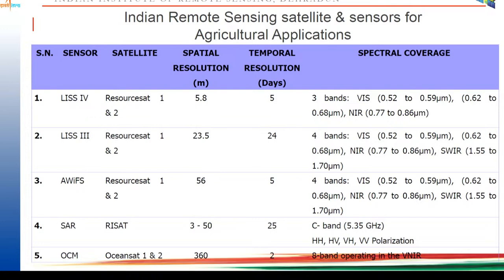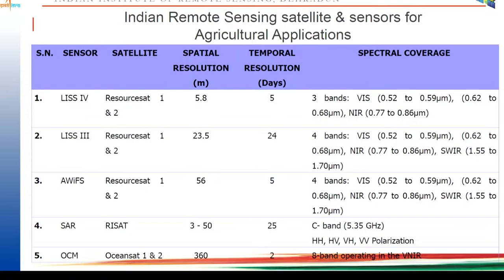So that is mainly ideally suited for agriculture applications, particularly during the cloudy season, mainly the Kharif season. During the cloudy season, optical satellite data like Resourcesat cannot give information about the crop due to cloud contamination.